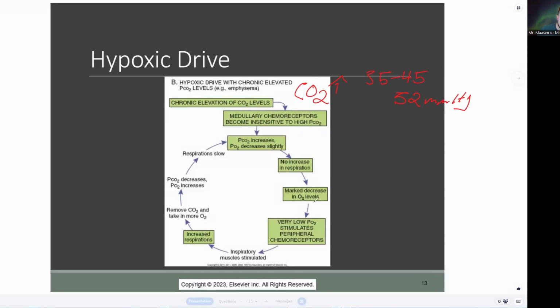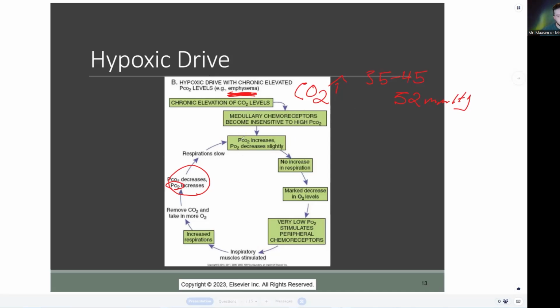Then the O2, if I suffer from hypoxia, if the O2 is dropping, that'll stimulate the muscles to breathe. It does remove CO2 and hopefully increase the O2. So that's another way that we regulate. But this is typically more with people that are suffering from chronic lung diseases where their CO2 levels are elevated.